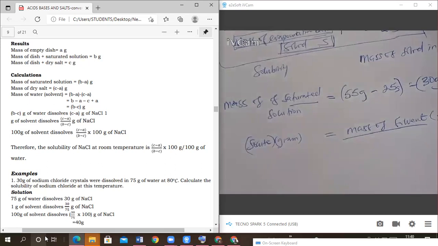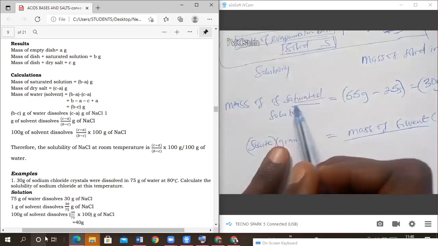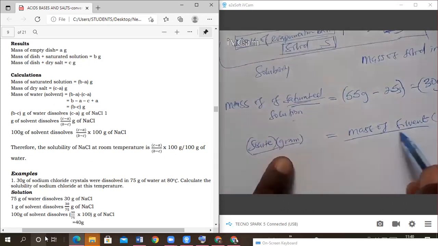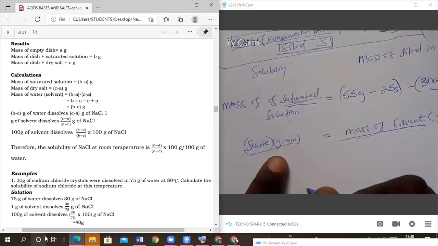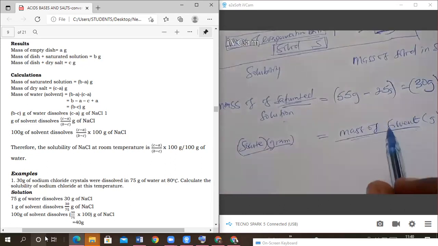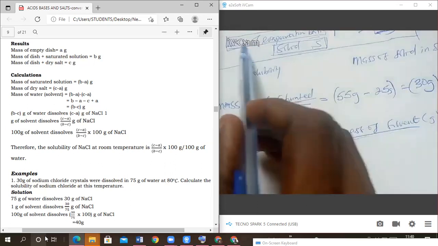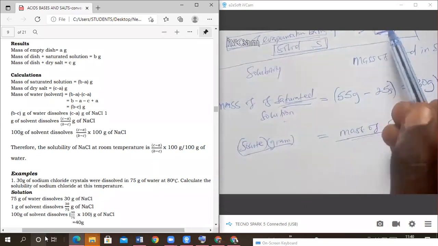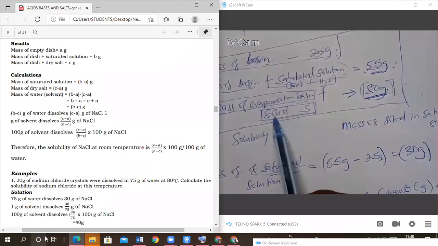in grams. Now we have the mass of the saturated solution. The saturated solution has both the solute and the what? And the solvent. Now, how do you get the mass of the solute? Now here you have the mass of the dish and the mass of the solid.